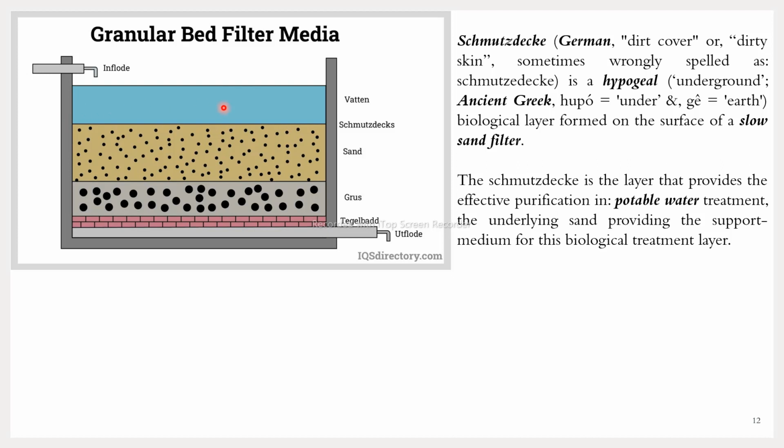So whatever layer gets formed, whatever the type of filter, it's called the smooth deck. The underground sand basically provides the support for the smooth deck. Okay. In case of potable water, it provides effective purification.